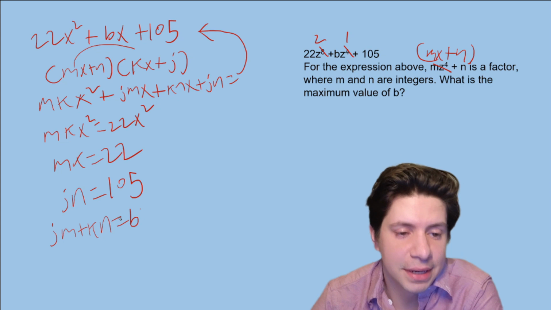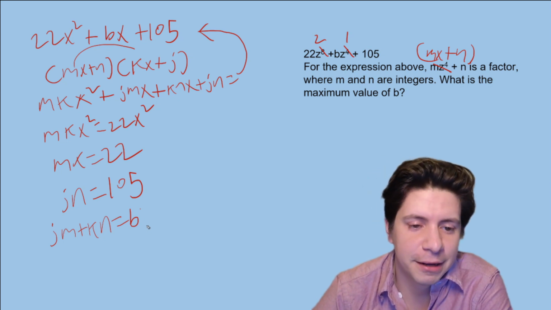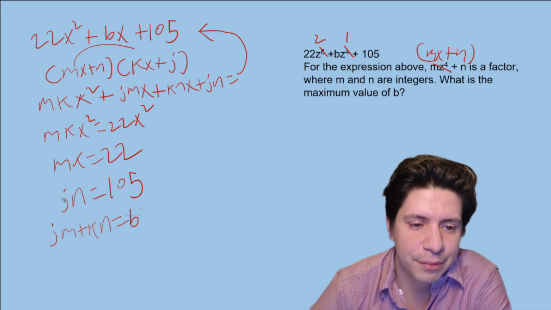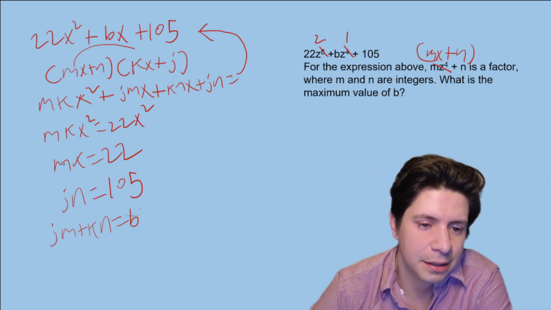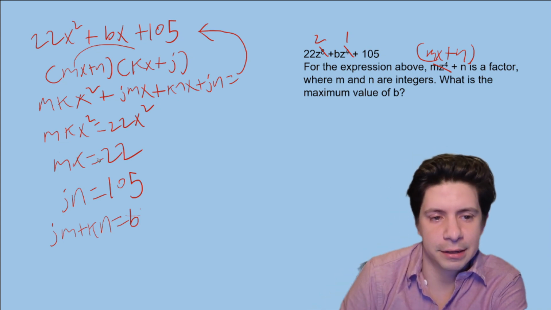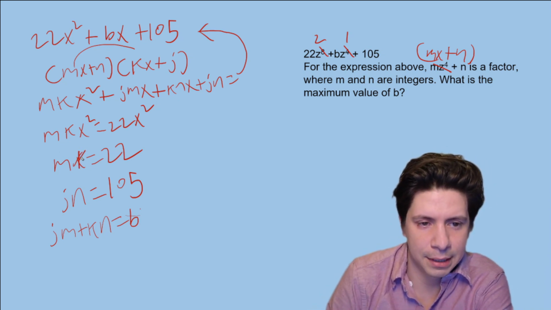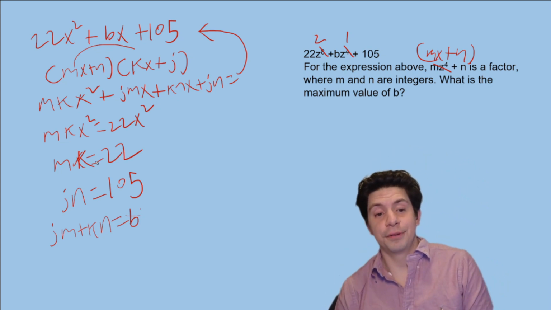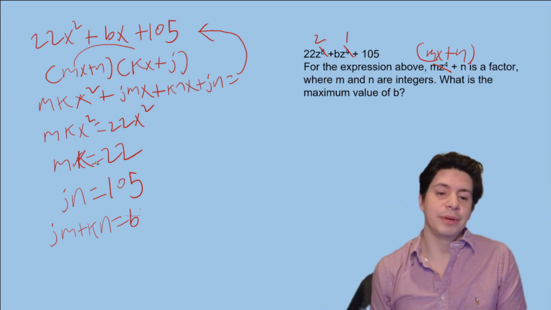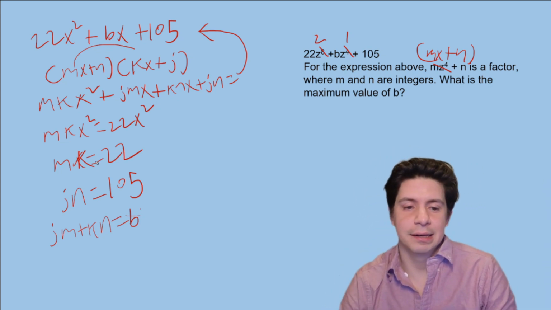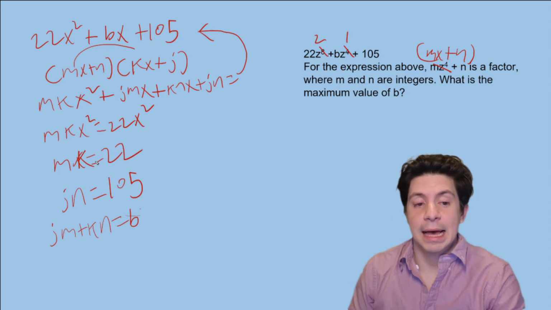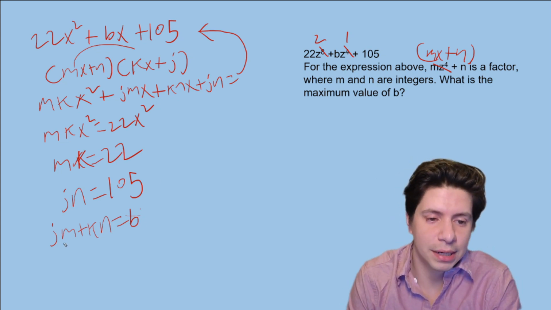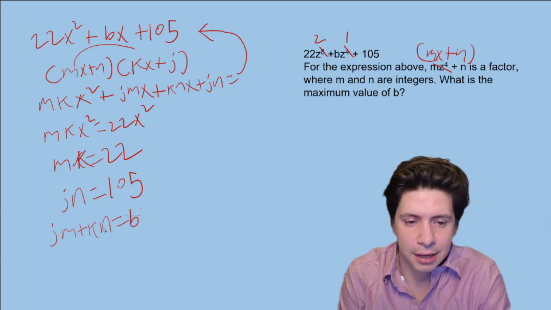Now, it might be nice and easy and be like, oh, 22 plus 105, that gets us b. No, because we have jm, not jn, and we have kn, not km, right? So what do we do for this? We want to think about what could be the maximum way we can get a high b. That would be by making one of these a maximum dimension and the other one a minimum.